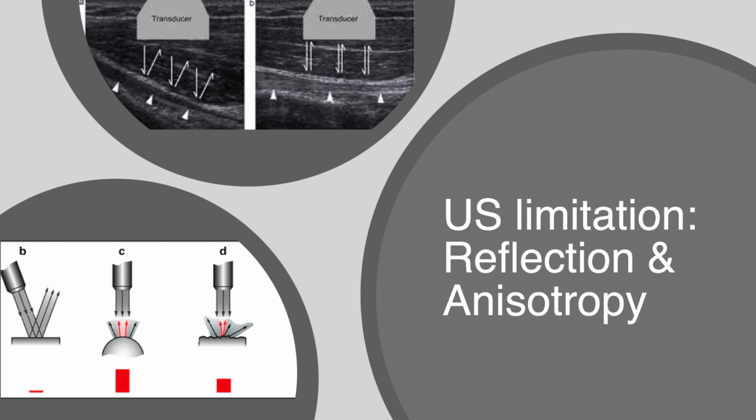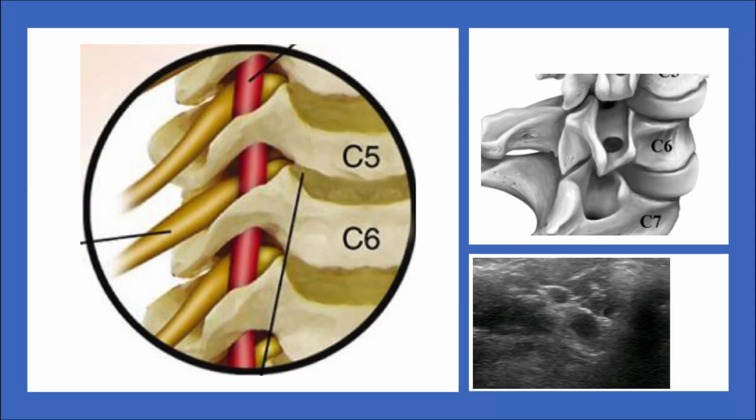Anisotropy is the most significant and commonly encountered artifact in musculoskeletal ultrasound. The anisotropic artifact refers to the darkening and loss of resolution of the image, which occurs when the sound wave approach is less than perpendicular.